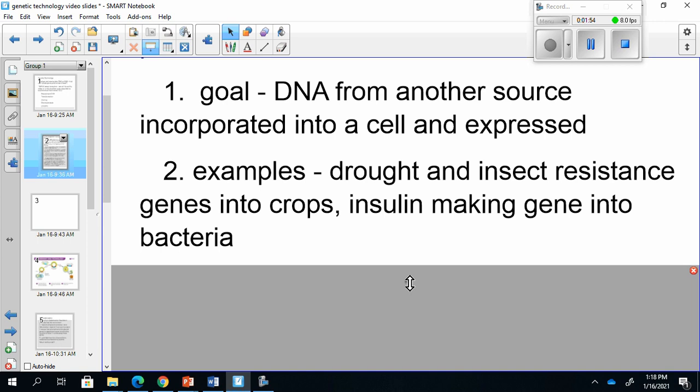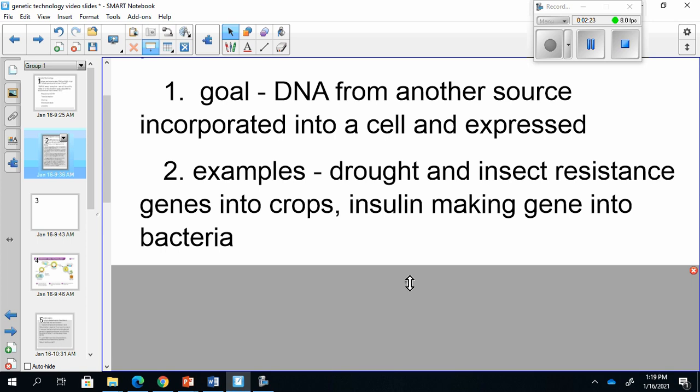All right, examples. So we now have crops that are drought resistant and insect resistant and fungal resistant. And that's because genes from other organisms that are drought resistant naturally and that are insect resistant naturally and are fungal resistant naturally, they isolated the genes and put them into a plasmid and inserted them into like corn and wheat and things like that, so that the crops aren't destroyed.